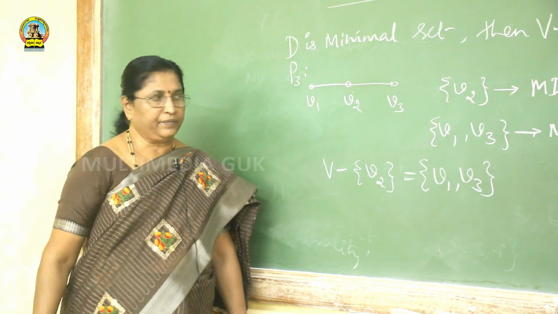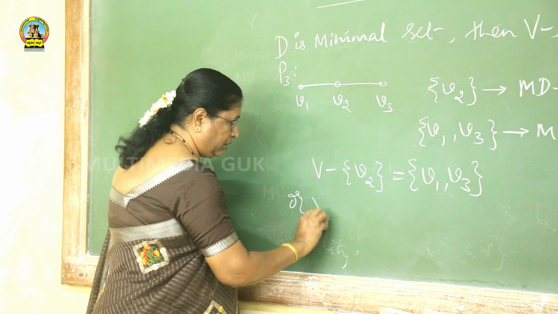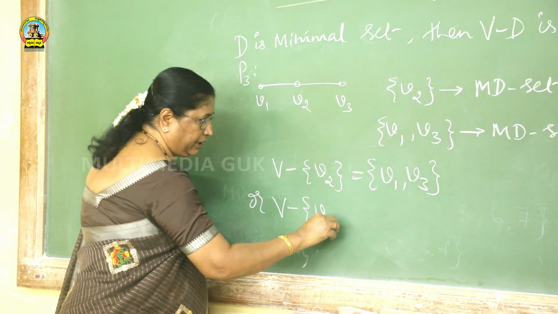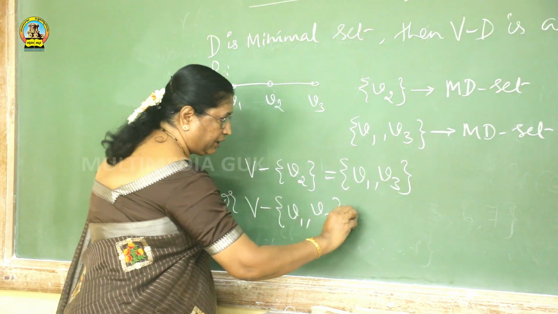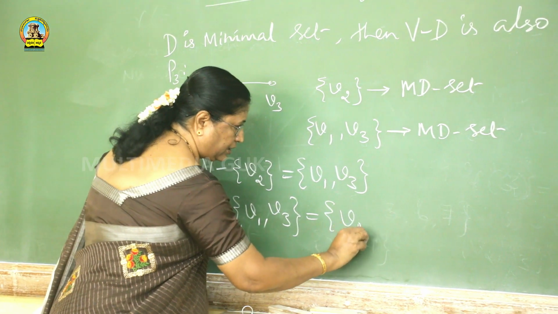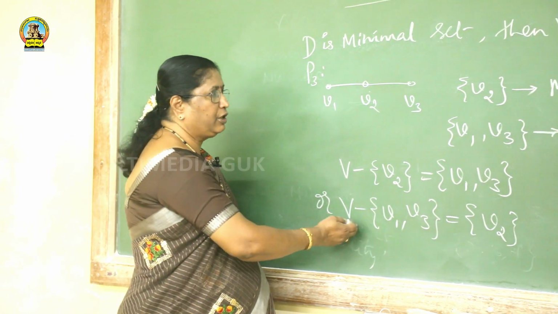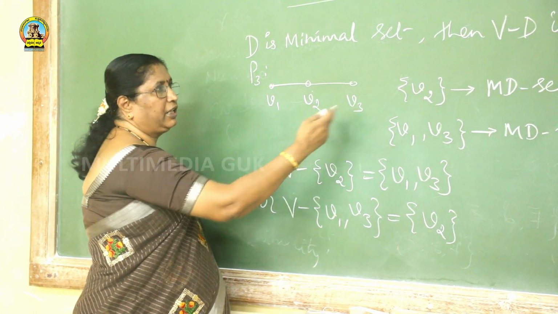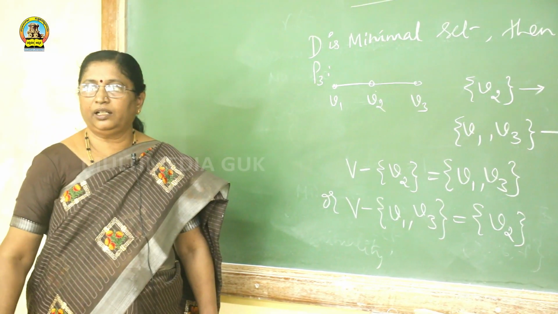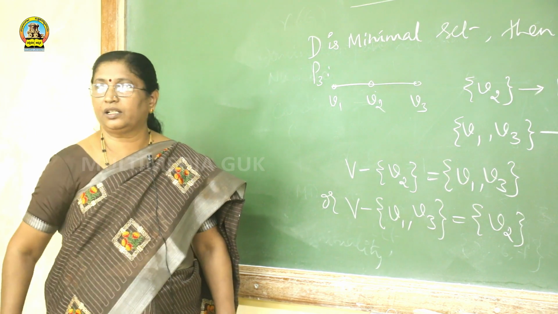Or V minus the set containing V1, V3. This is what we are referring to as the set containing V2. In this reference, you are seeing that both will act as minimal dominating set and the complementary set is also a dominating set.